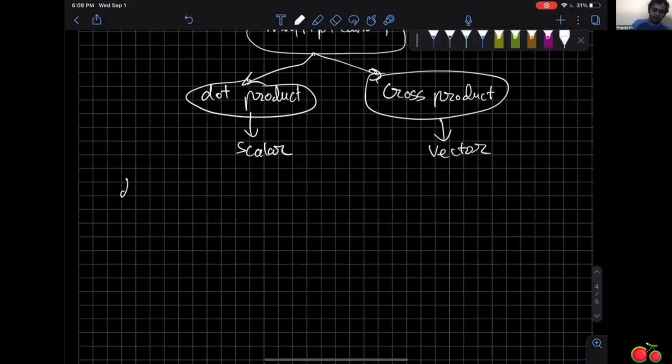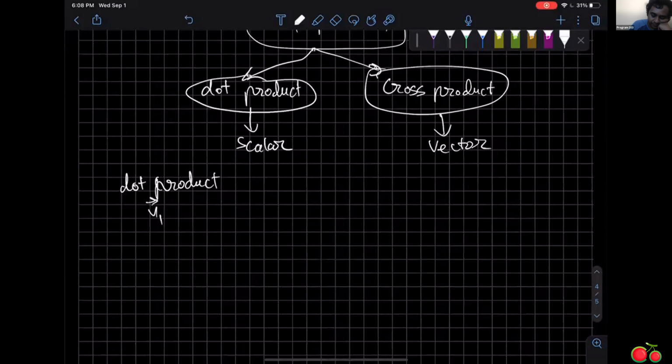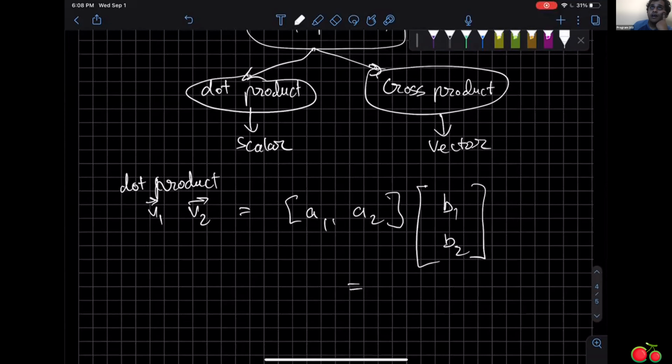The basic idea of a dot product is that if I have vector 1 and vector 2, what I can do is multiply A1 times B1, A2 times B2, and add them.